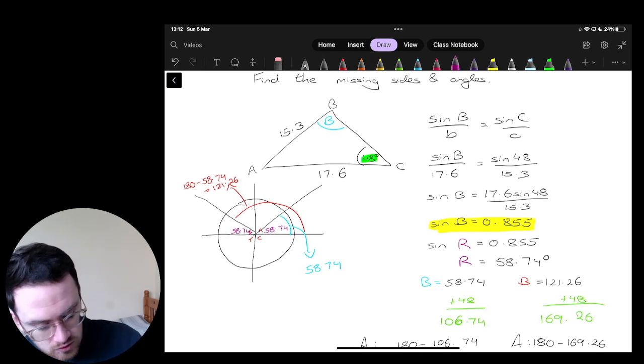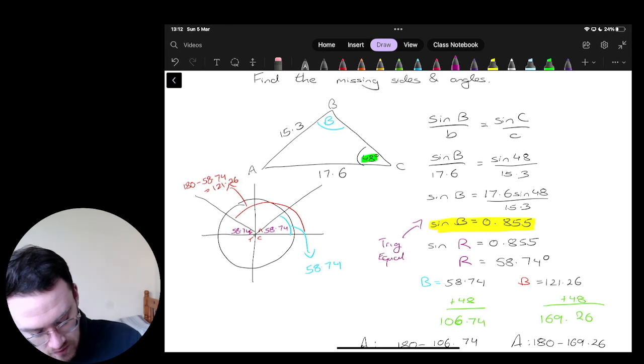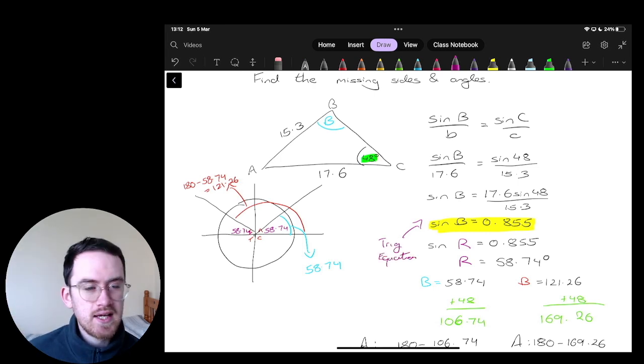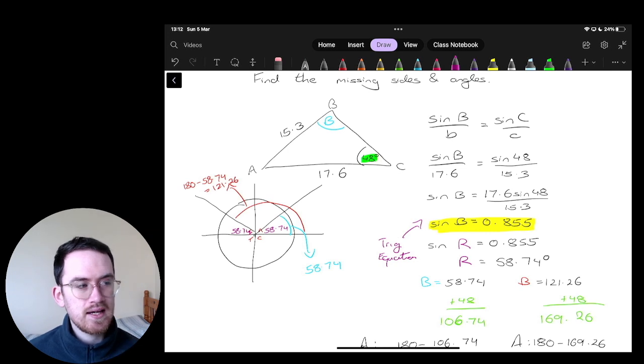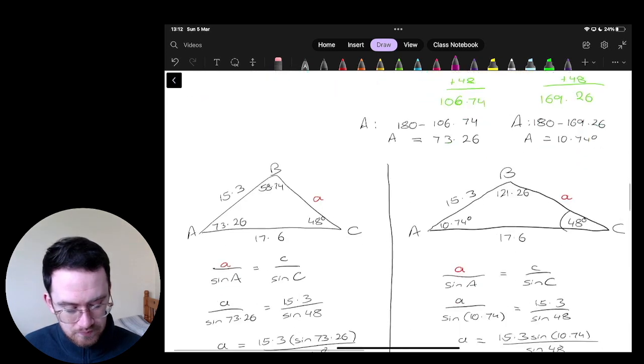Because we have a trig equation, even though it's coming up in a different situation than we might expect, we still have to be wary of it and on the lookout for it. With sine you may have that ambiguous case, so just be aware of it and look for those other answers.